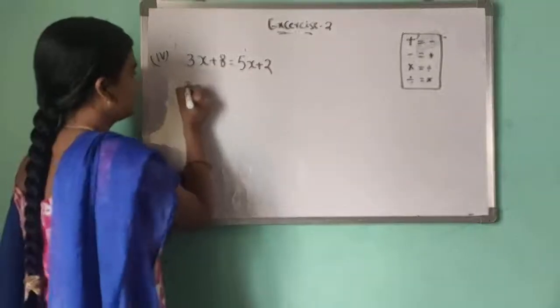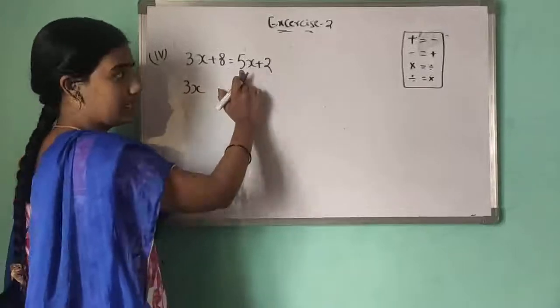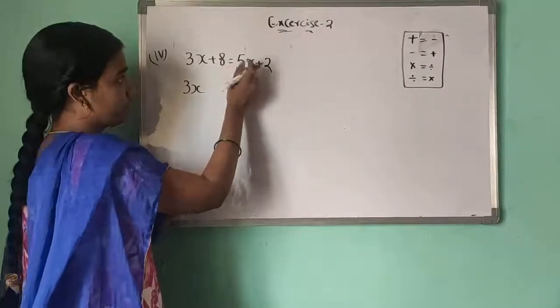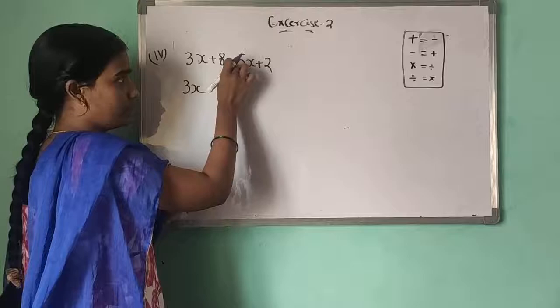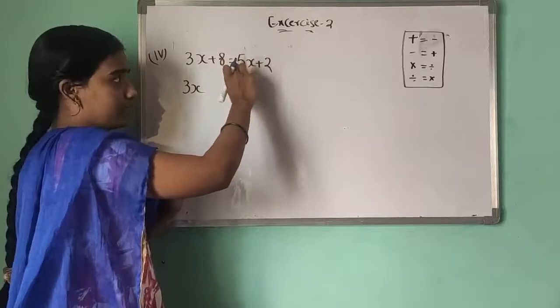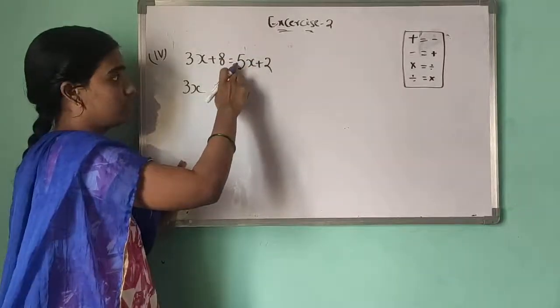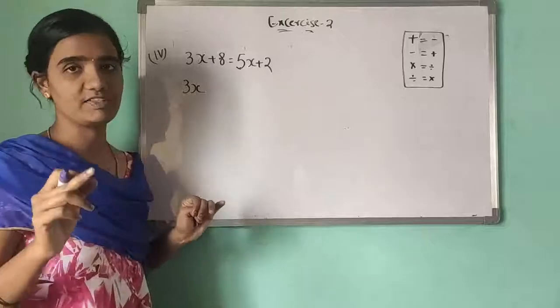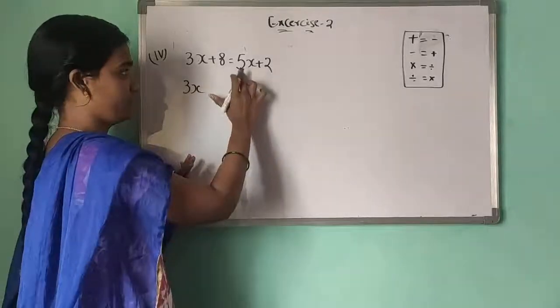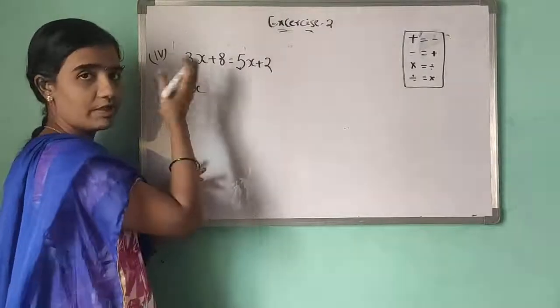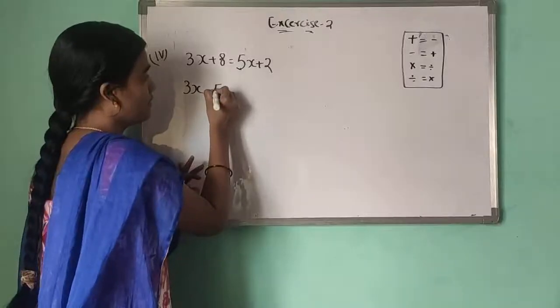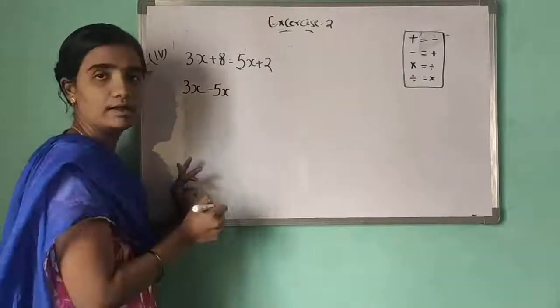See, 3x, and here plus 5x. If a number is given without any sign, we have to assign a plus sign. So here plus 5x, it comes to the left hand side, it becomes minus 5x, right?